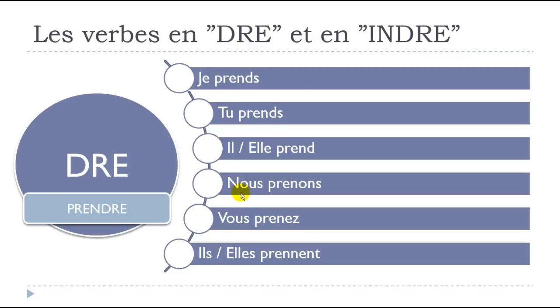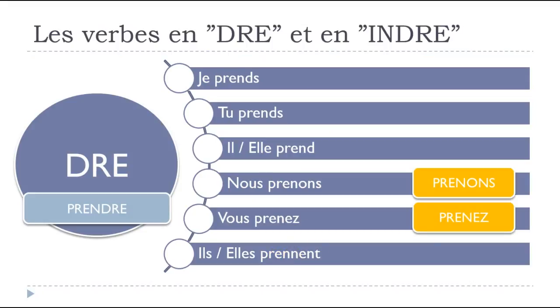Then we've got nous prenons. Keep in mind that you should pronounce it prenons. Vous prenez, and then the last one, the tricky one, ils prennent. So remember that prenons, prenez, and then prennent will be different from the forms that we had for attendre, for instance.